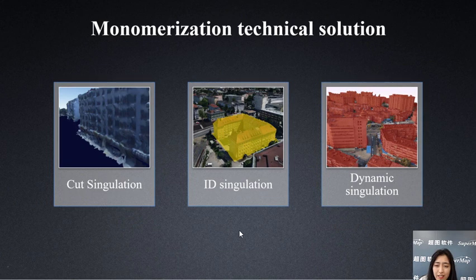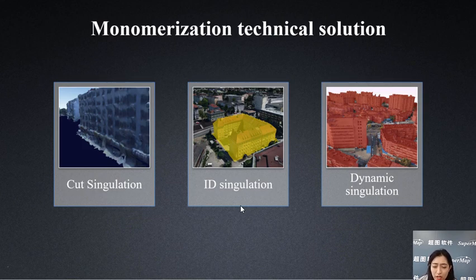And the ID singulation refers to combining the existing 2D vector surface data and assigning the ID value of the corresponding vector surface as an attribute to each vertex in the triangulation of the oblique photographic data. The vertices of the triangulation corresponding to the same feature store the same ID value.